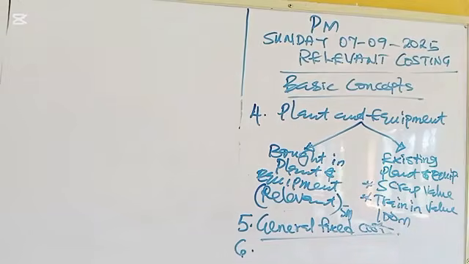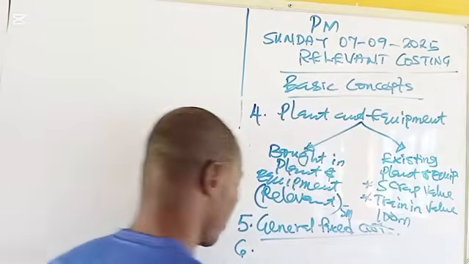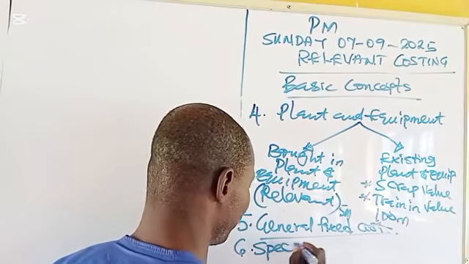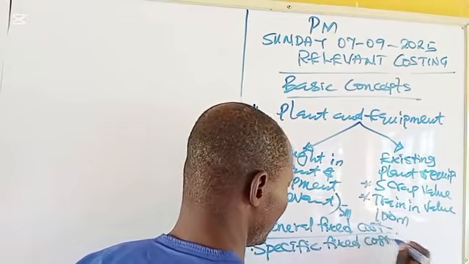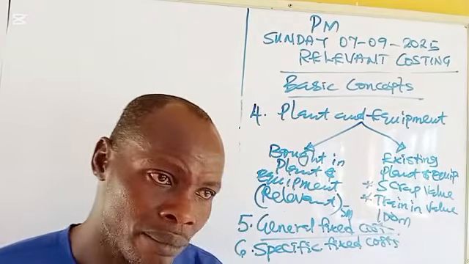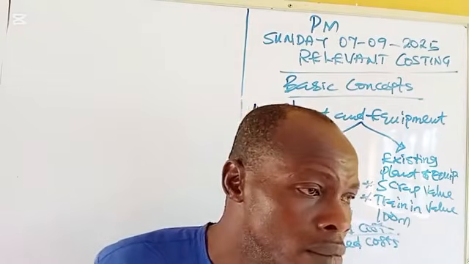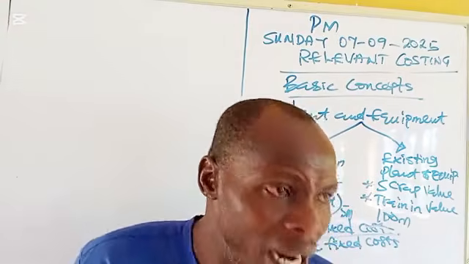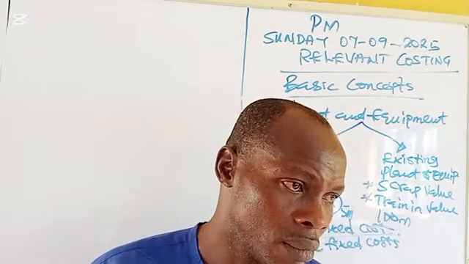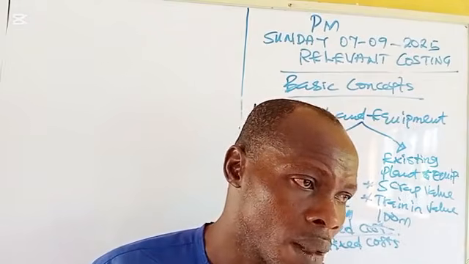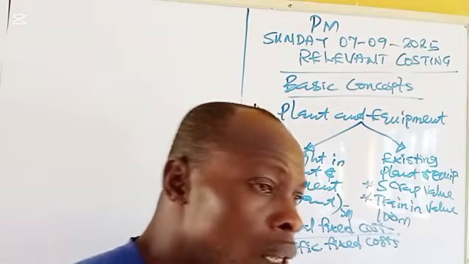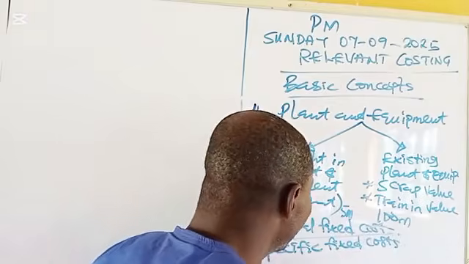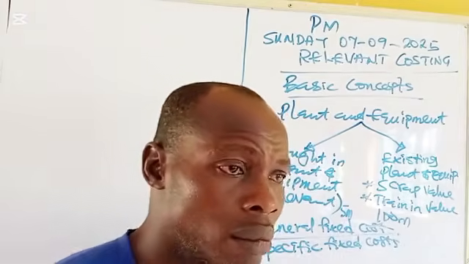Number 6, specific fixed costs. It is specific. The costs are fixed, normally, but these costs were incurred because of that project.